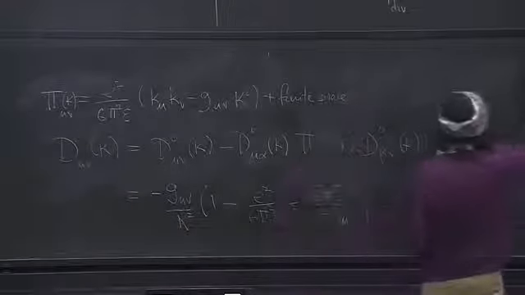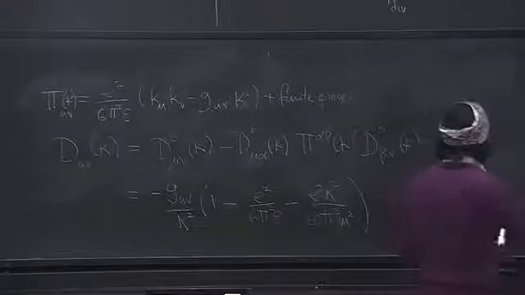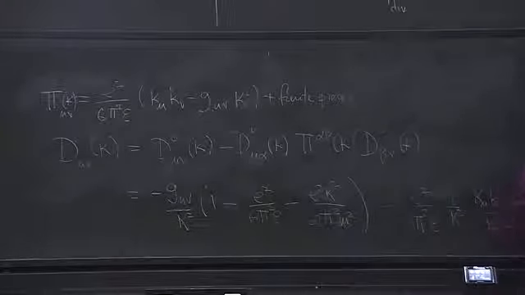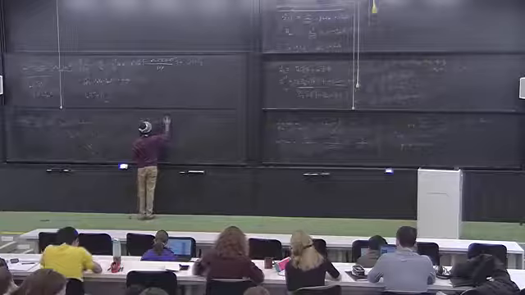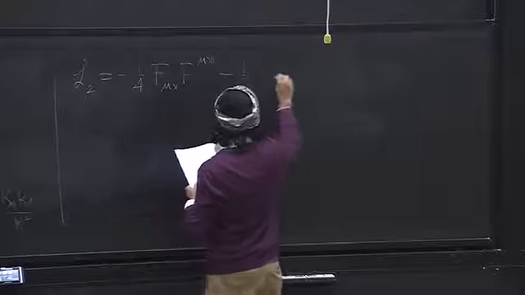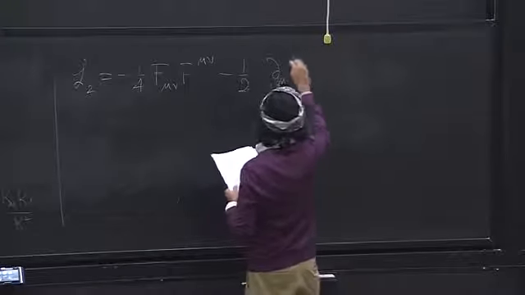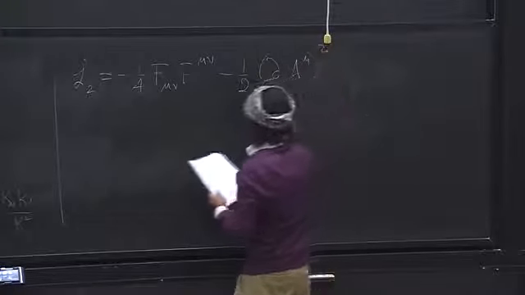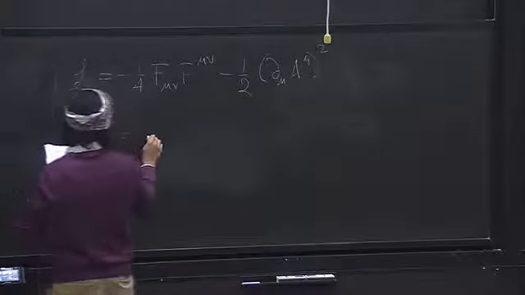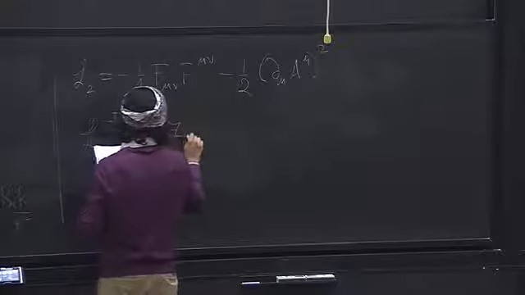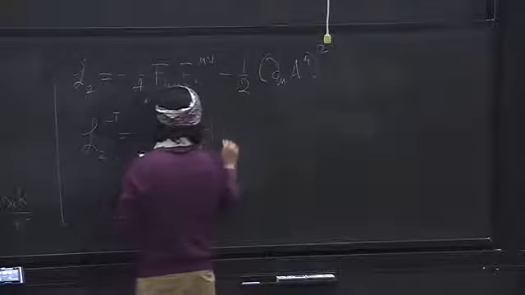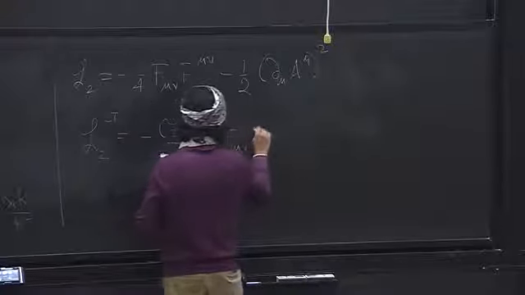So what are the Lagrangians? L2 is minus 1/4 F mu nu squared, and in the Feynman gauge we added this term. And the counter term is going to be, I call this, Z_A minus 1 times minus 1/4 F mu nu squared.